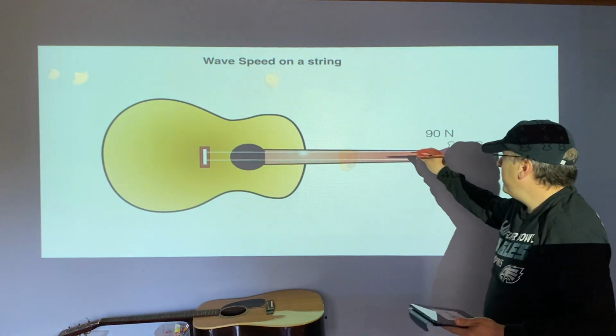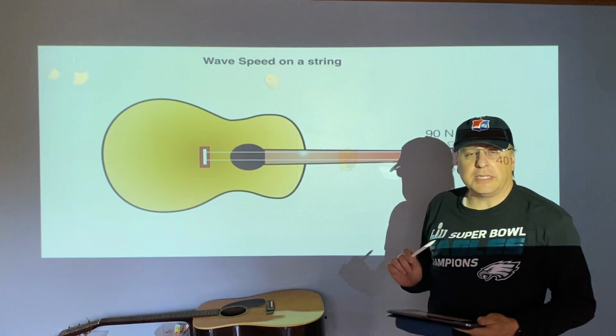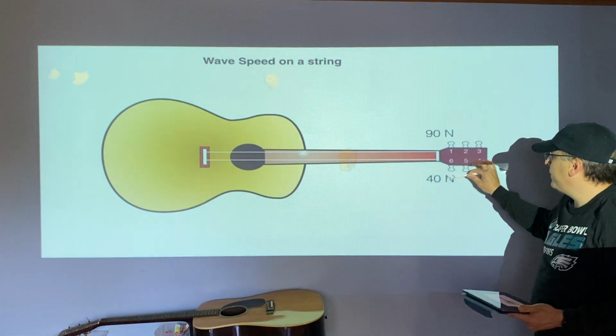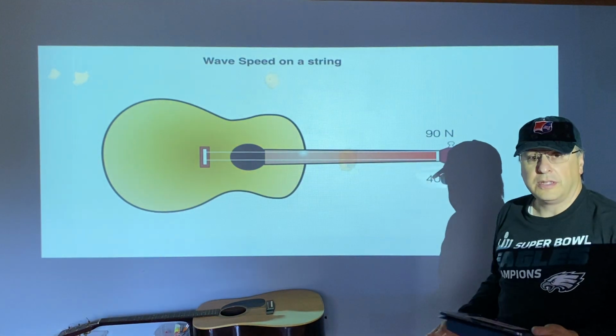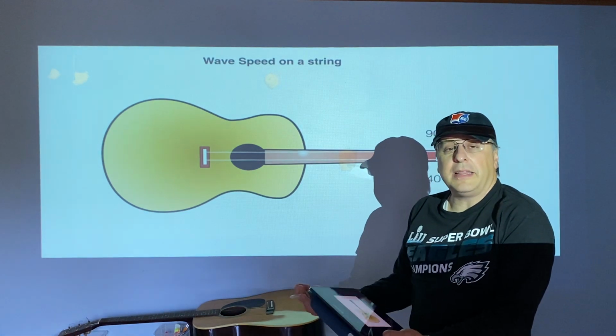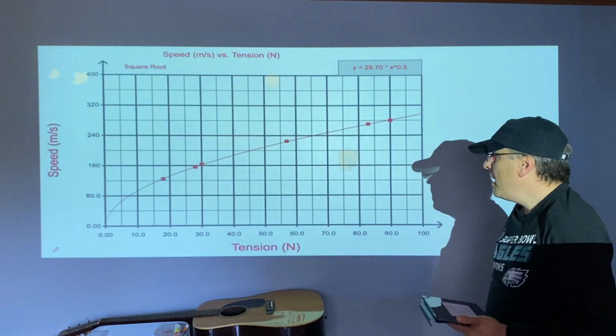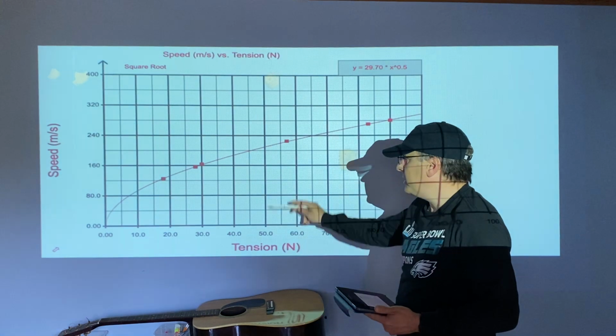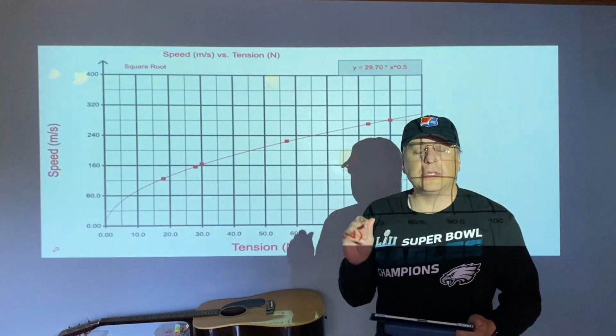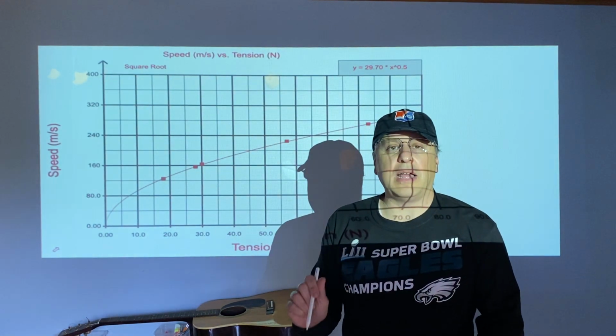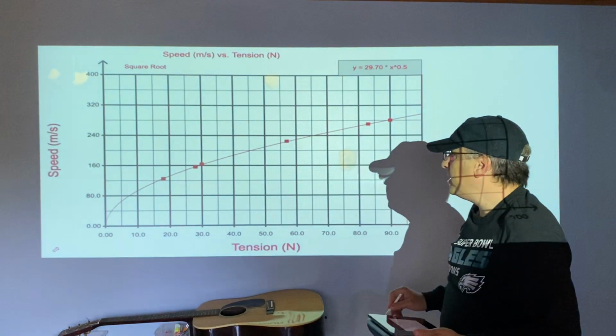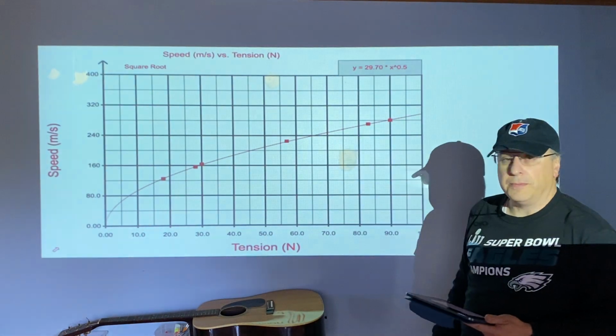The next thing is we put all the strings the same, and we put different tensions on different strings. So this time we wanted to see how did tension affect speed. And we saw that higher tensions gave higher speeds. It was not linear. It was not proportional. We saw that it came out to be square root.